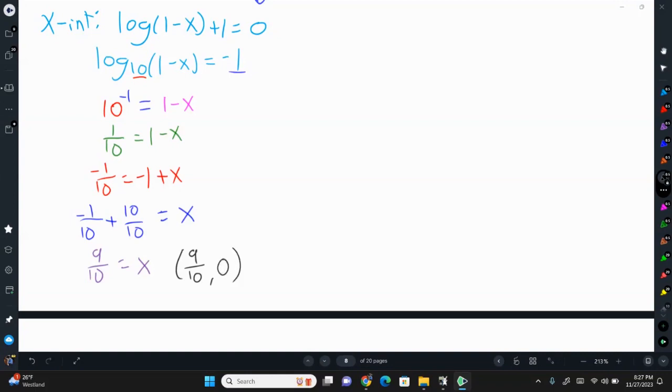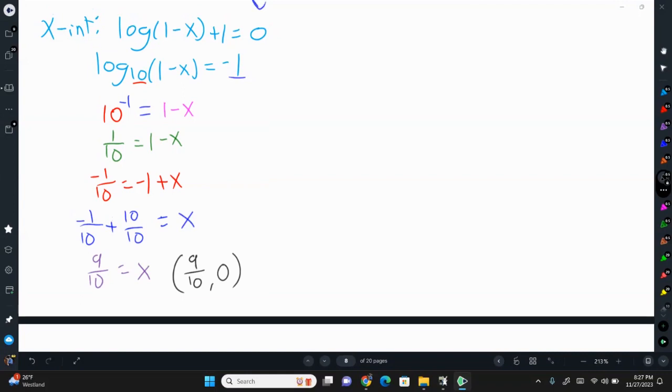All right, now for our other point. For our other point, we're going to take the inside and set it equal to 1, or you could set it equal to the base. It doesn't matter which one you do.